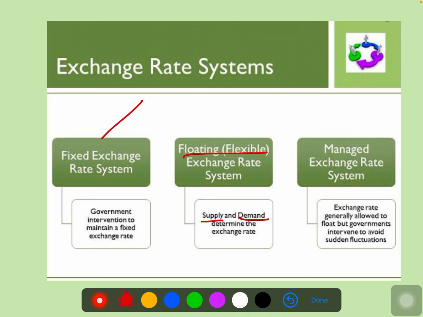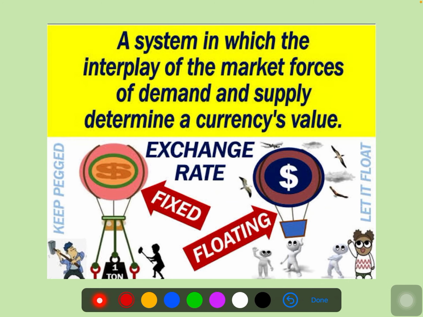The last is the managed exchange rate, a combination of fixed and floating, where there are limits within which it can move but not beyond them. Because it is both fixed and flexible, it is called a managed exchange rate.